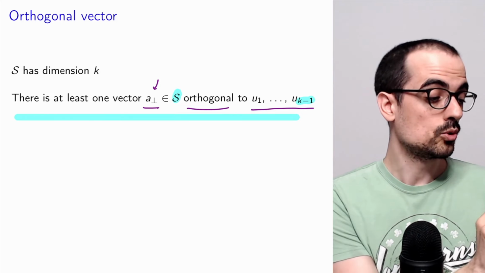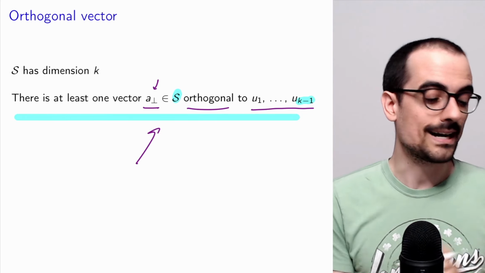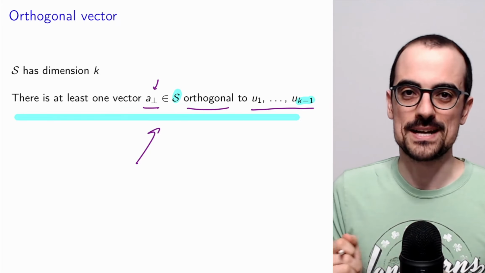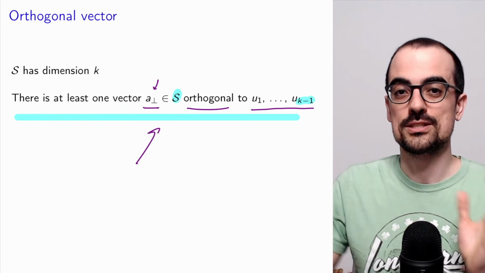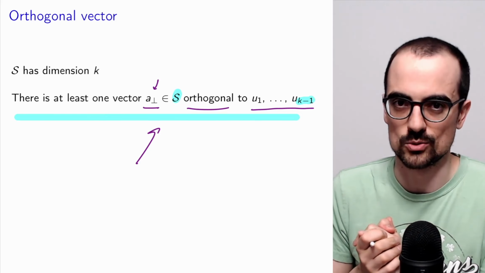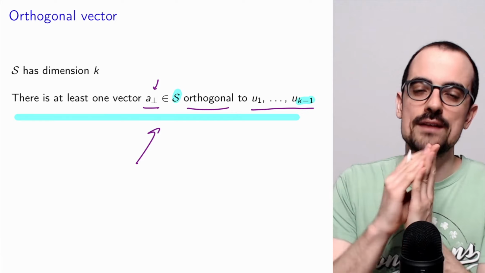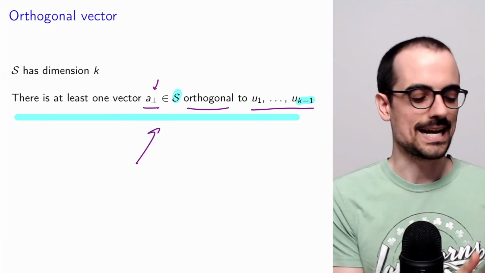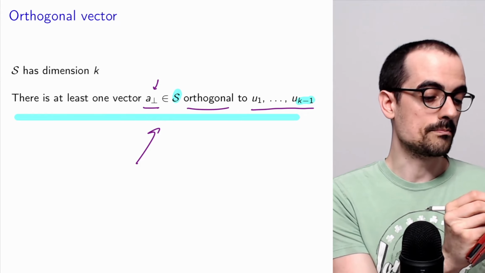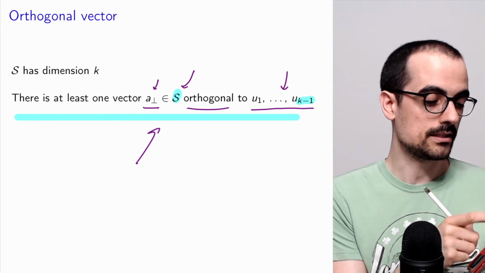If this were not true, if we cannot find a vector that is orthogonal to u1 to uk minus 1, that basically means that the whole subspace is in the span of u1 to uk minus 1 and its dimension is k minus 1. So for sure we can find one vector that is orthogonal to these k minus 1 principal directions within the subspace.